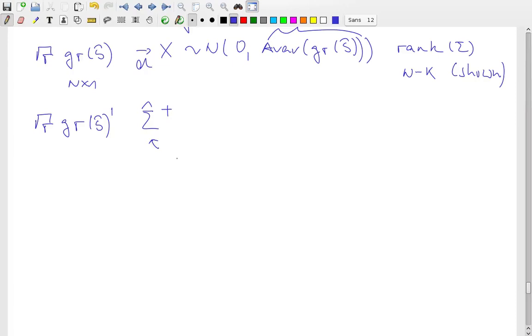So that thing would be the asymptotic variance covariance matrix of g_T of b hat, estimated, and we take the pseudo inverse of that object. That's the thing that we use for the quadratic form, times square root of T g_T of b hat again.